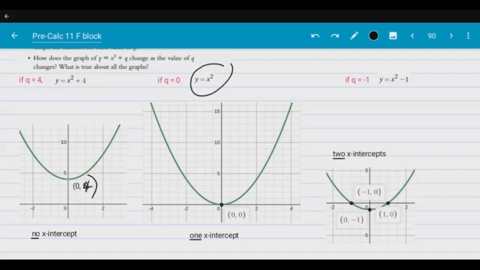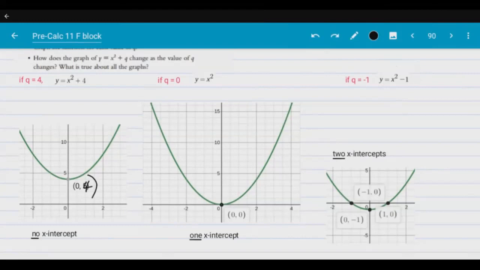If it's y equals x squared, it will only have one x-intercept. The vertex is right on the origin. When you have a positive coefficient for x squared, and then you subtract something from it, it moves down. You will have two x-intercepts because the vertex is below the x-axis, and then it opens up.